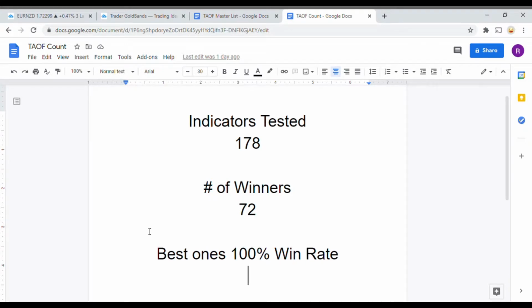The best ones so far were able to achieve a 100% win rate. Now you need to go back and watch those videos to understand the context of how they were able to achieve that. But as we are working on building the best trading system possible, you could take any one of those 72 indicators and get out there and start potentially profitably trading the markets with them now. So go back and watch those videos, make a list of those indicators, and get out there and see what you can do with them. But stick with us here as we work on maximizing your trading profits.